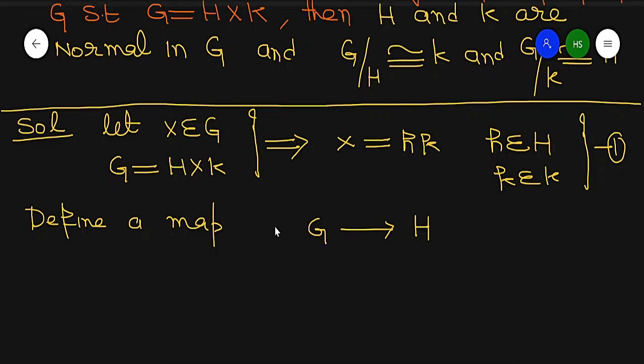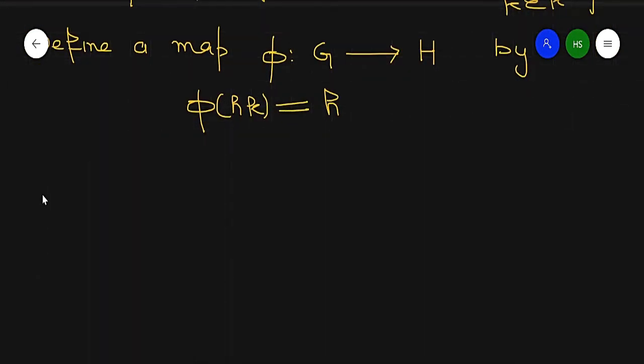So I define a map phi from G to H by, so what is its element? Its element is hk, right? And it goes to h, so only taking h at this place, where h belongs to H and k belongs to K. So this is a mapping. Clearly we define it in such a way to prove my result, to prove homomorphism.